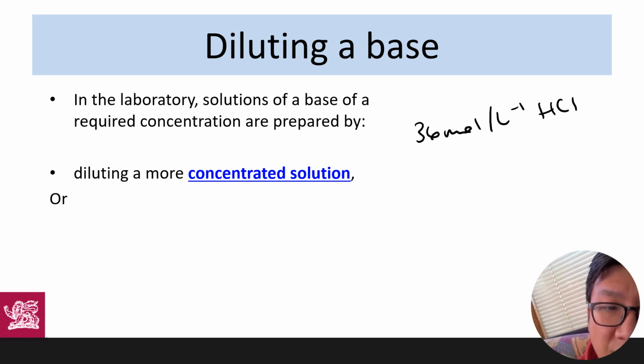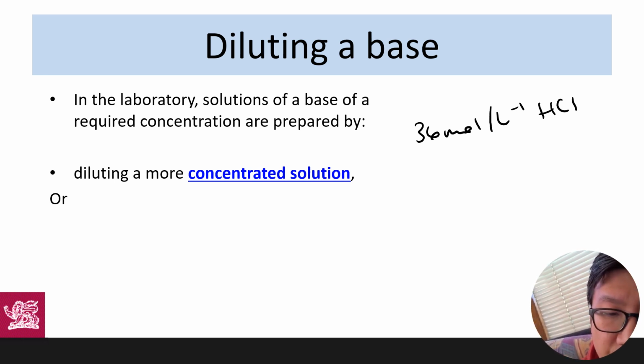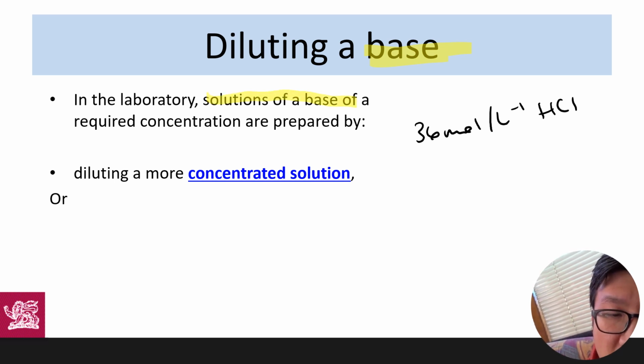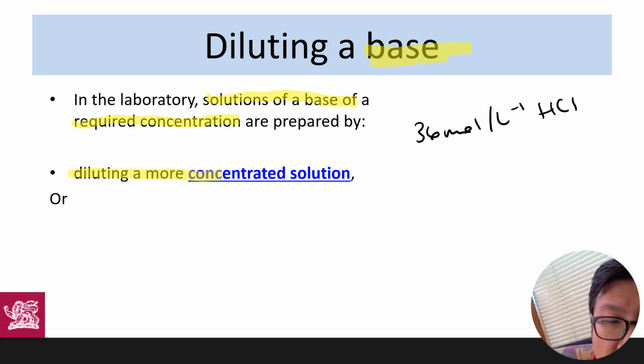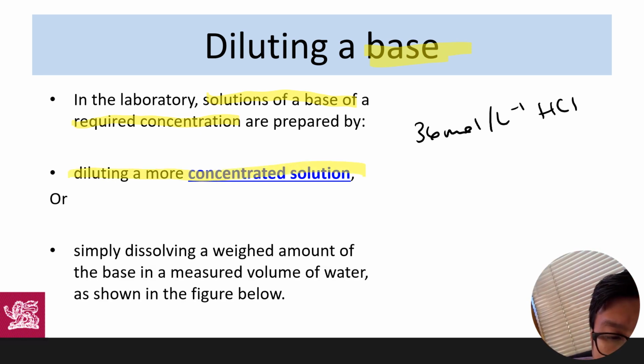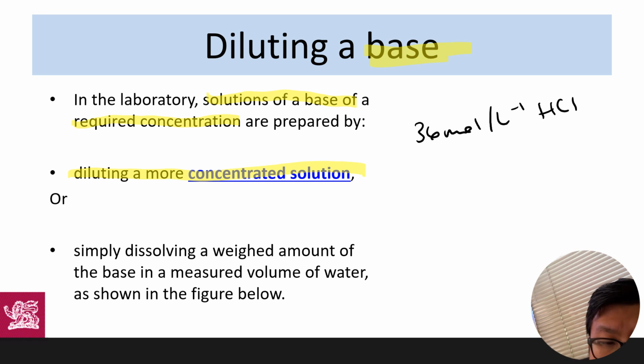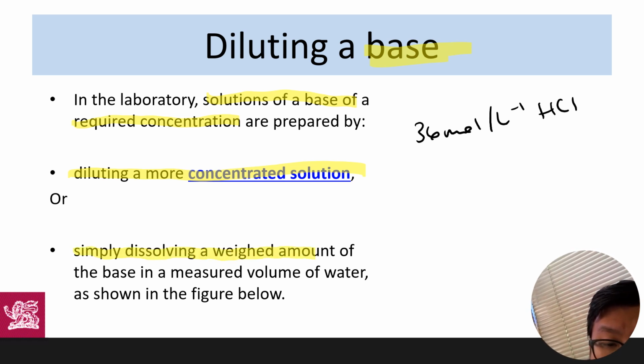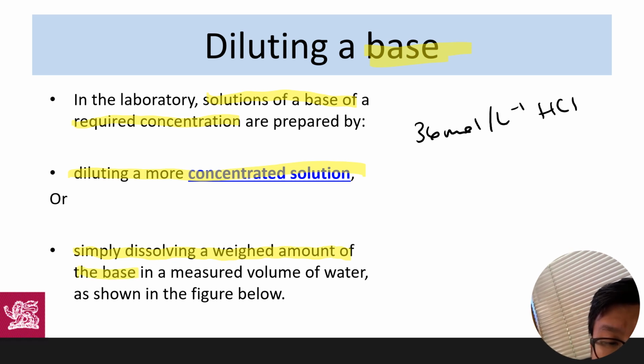And we can do the same for bases. Solutions of base of a required concentration are prepared by diluting, or you could also just do this. You can just dissolve a weighed amount of a base in a specific volume of water.